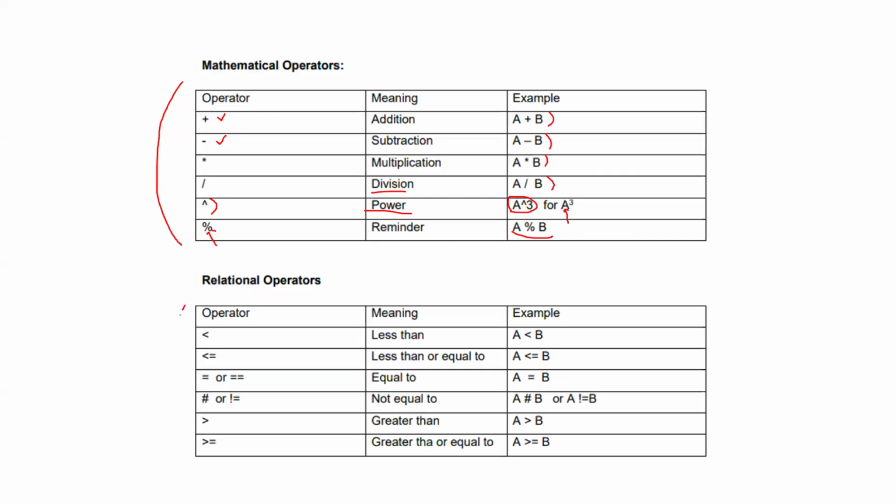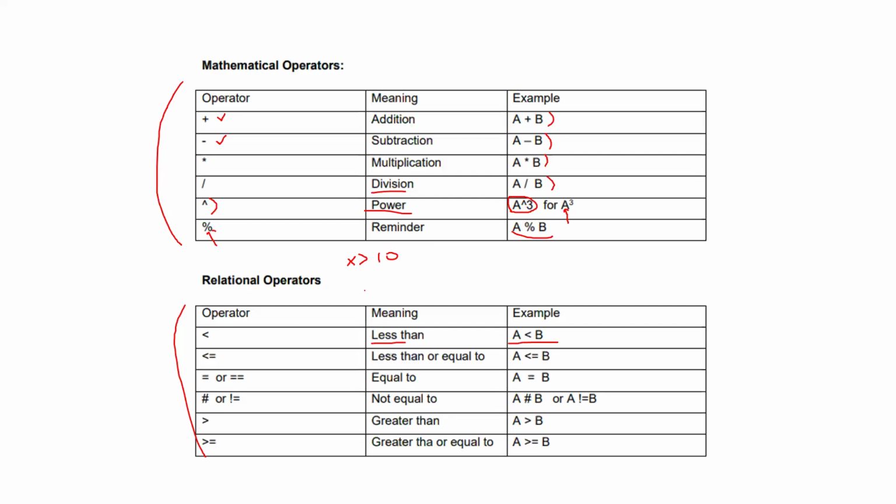And for relational operations, while we are checking our conditions, we are mostly using these operators. For example, what if this x value is greater than this term or not? So as you see, in this scenario we are using this greater than operation.